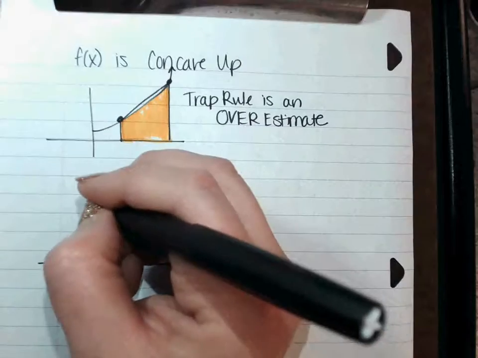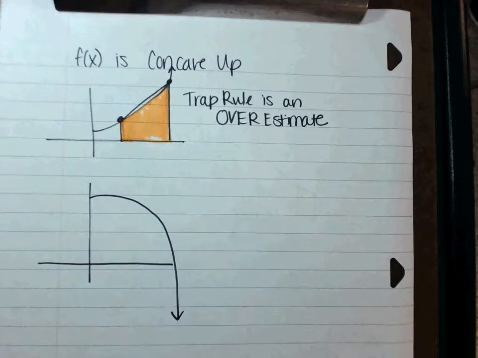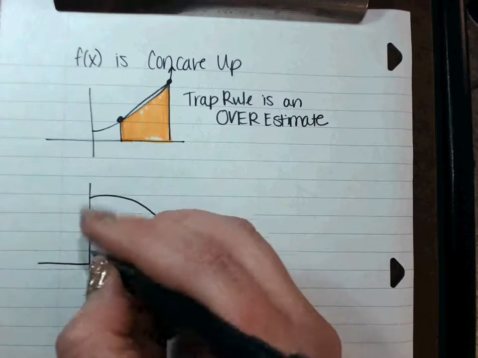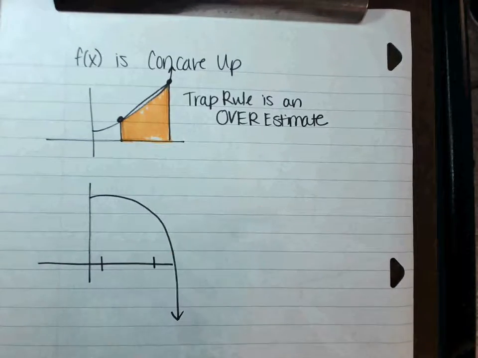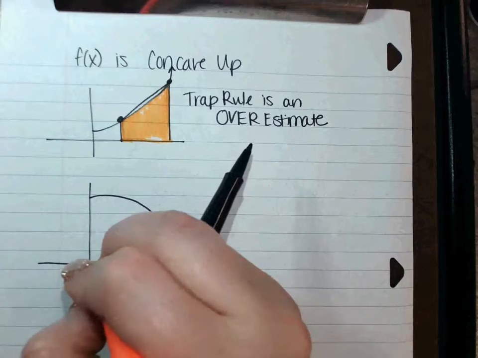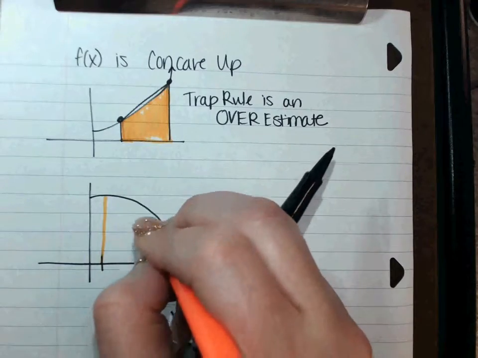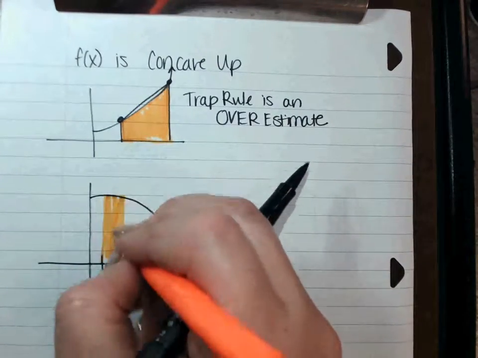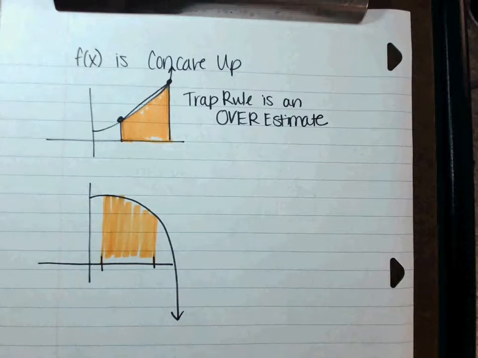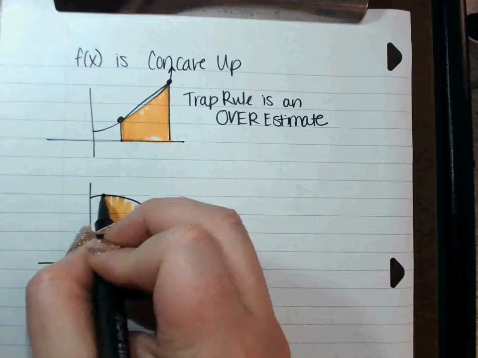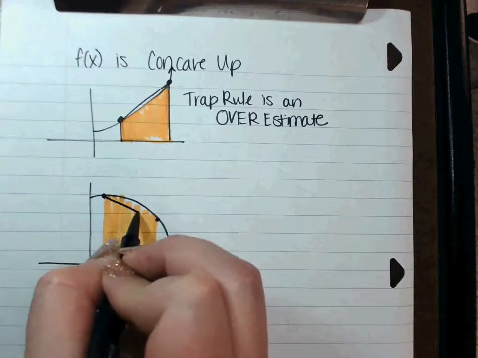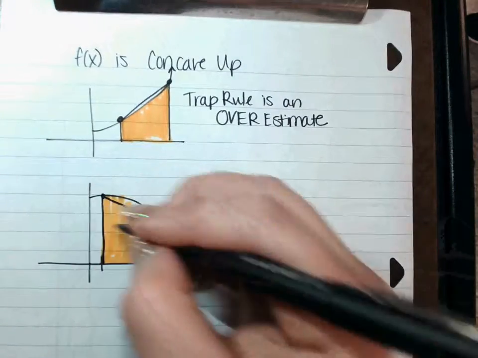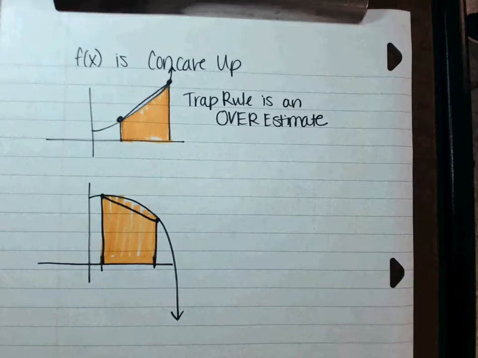So, draw a graph that's concave down. Pick any subinterval. I'm going to go from A to B right here. I'm going to shade my exact area, which would be this section right here. But now I'm going to draw in my trapezoid. And notice what happens. When I draw from here to here, my trapezoid is too big or too small for the actual area?